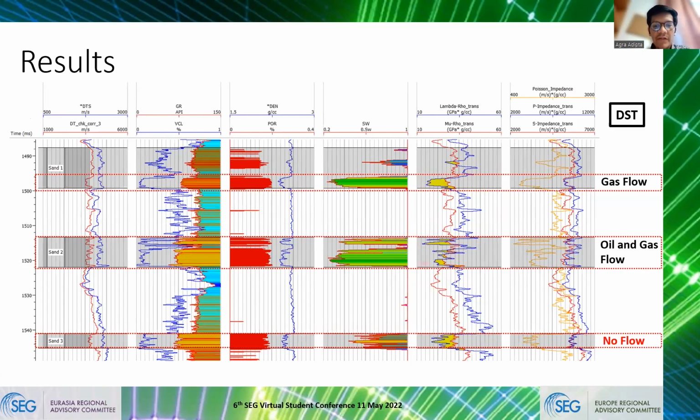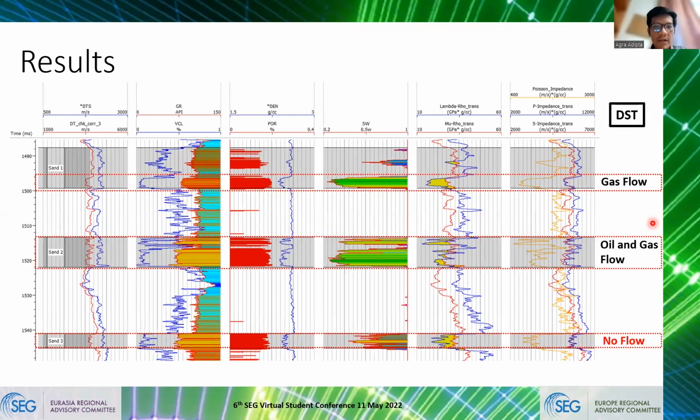In this preliminary identification, there are three promising intervals, but based on the previous production test, only SEN1 and SEN2 actually have an actual presence of either gas or oil and gas. So we try to make a crossplot between these two data.